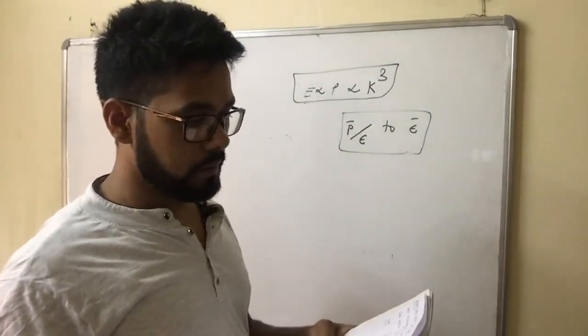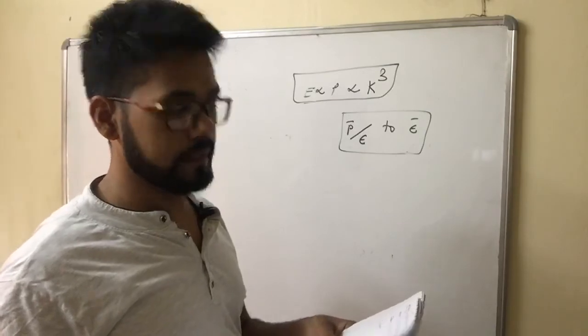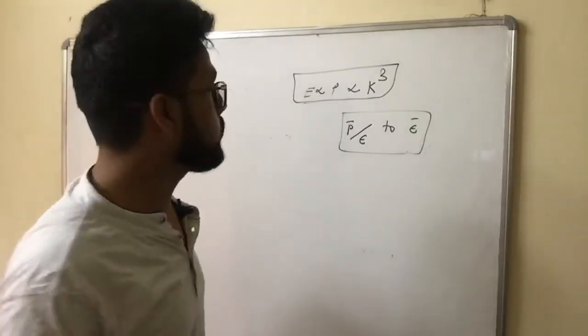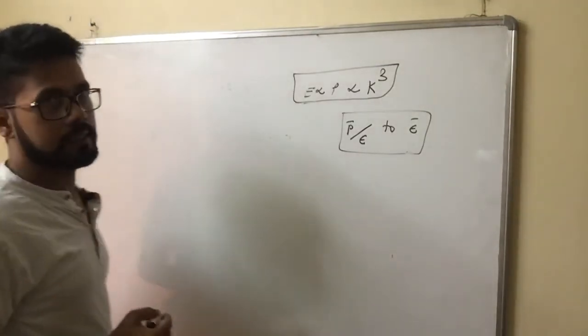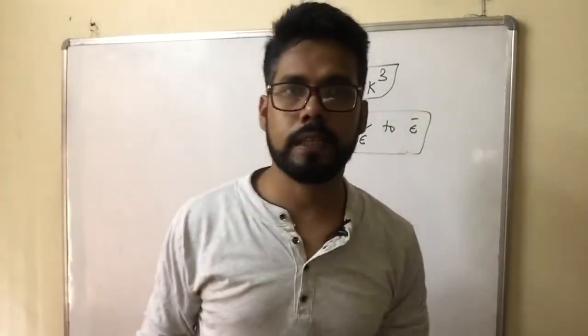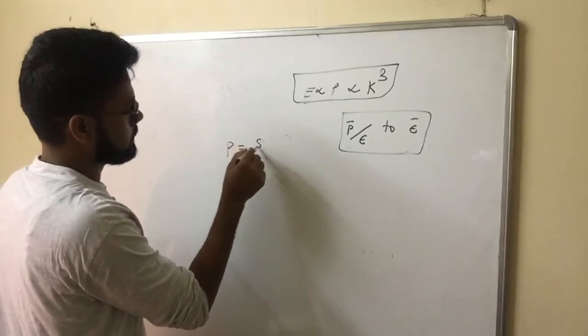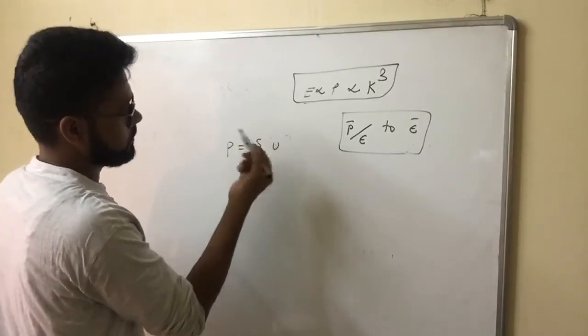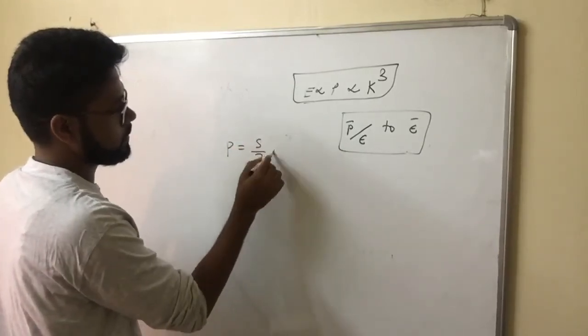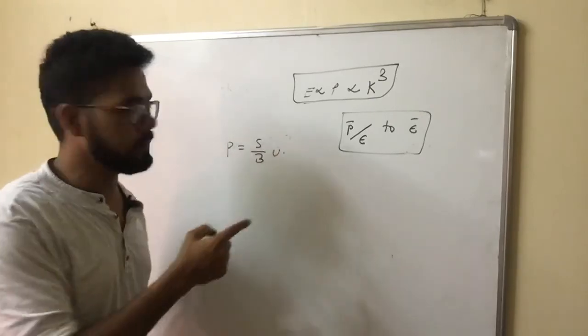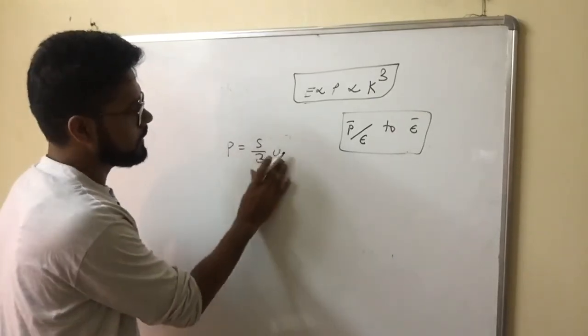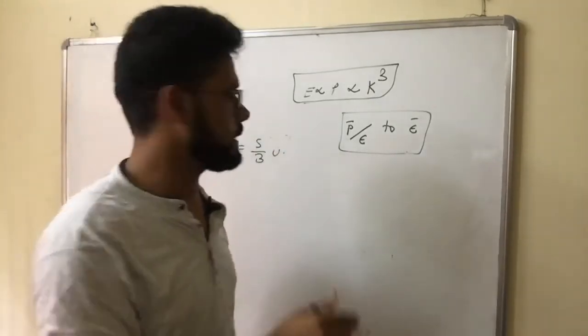And what is the ratio of pressure to energy density? From where do we get it? I have given you the general formula P equal to s by 3 U, where U is the energy density, U by V. General formula I have given.